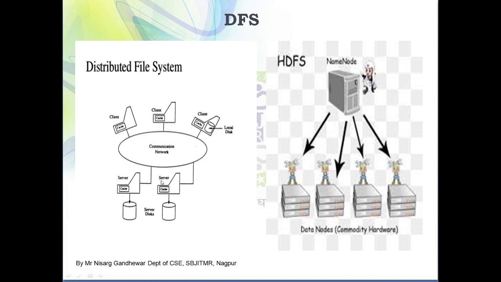To the user, it appears that the data is stored in a single machine, but in actual the data is stored in 5 different machines. This is the concept of a distributed file system. That means you are distributing a file to multiple nodes. Again I am repeating, you are distributing one file into multiple nodes so that it can improve the performance.